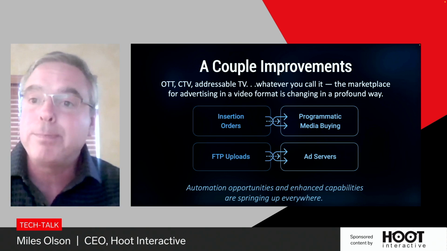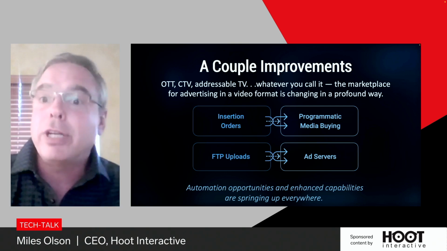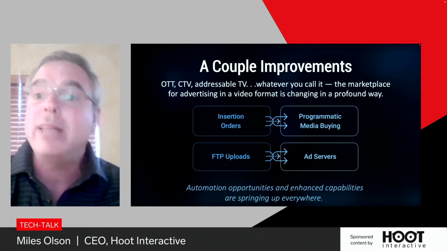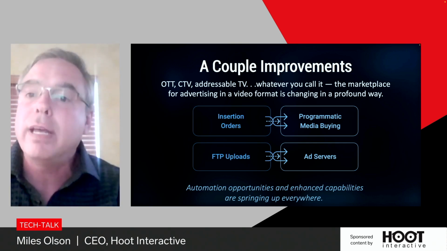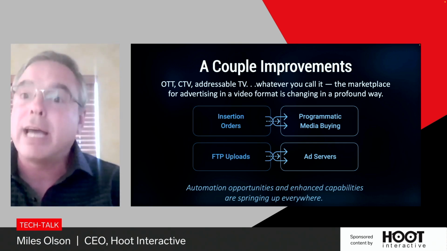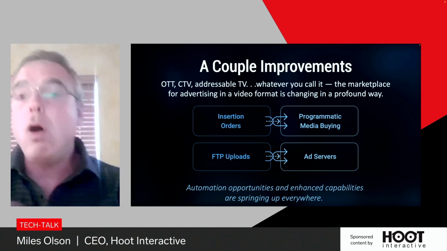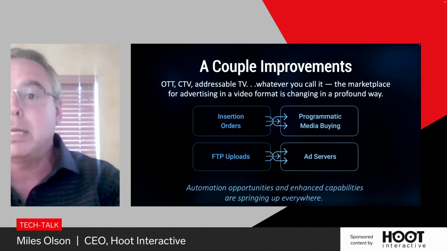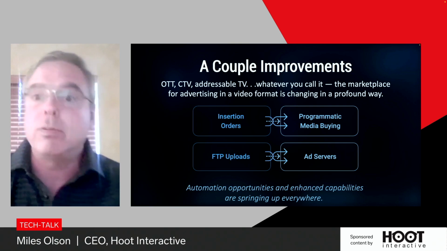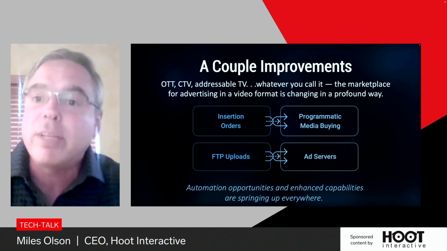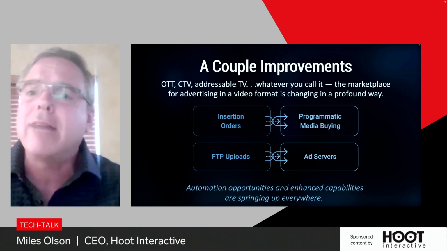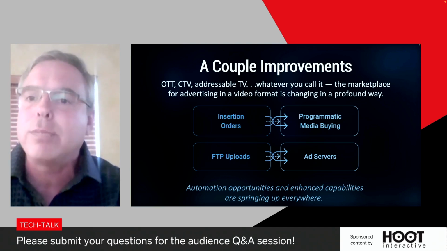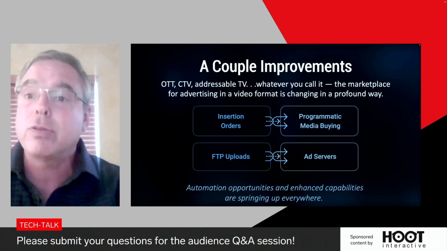Another fundamental change that's occurring is the way the creative, the video ad file itself, makes its journey from the advertiser that produced the ad all the way to the viewer's screen. So in linear TV, we're used to uploading this to some sort of FTP server or Google Drive or shared folder in the cloud. And again, a very manual process that takes days before it's going to be able to get to the viewer's screen.